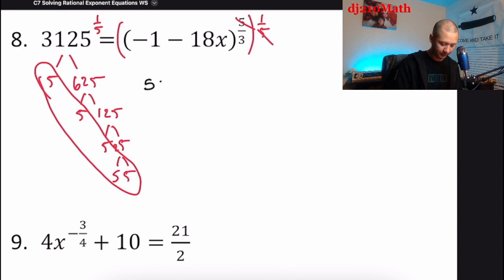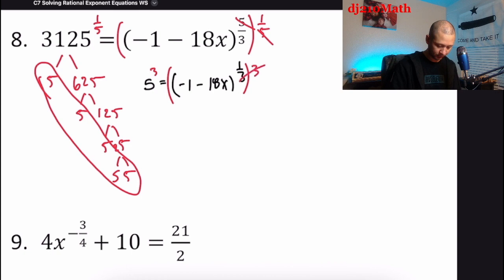So 5 is equal to negative 1 minus 18x to the 1/3. Cubing both sides. So 5 cubed, 5 times 5 is 25, times 5 is 125. 125 is equal to negative 1, negative 18x. Adding 1 to both sides, 126, it's a weird number, minus 18x.